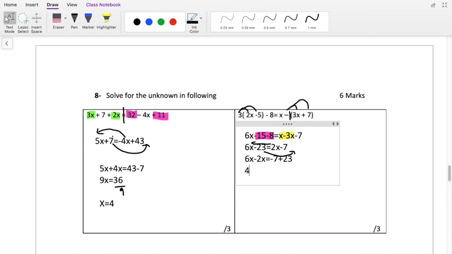So that's going to equal 4x equals, what's that, 16, I do believe. Then we need to bring the 4 over, so it's going to be x equals 16 divided by 4. So x is going to equal 4.